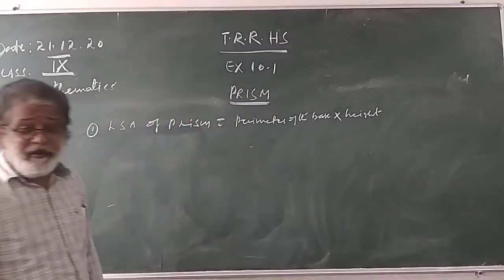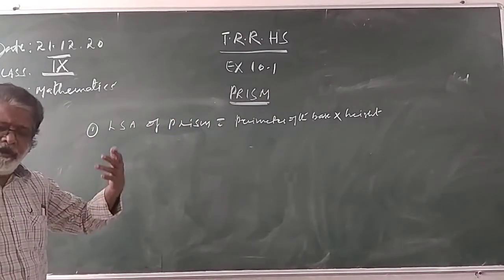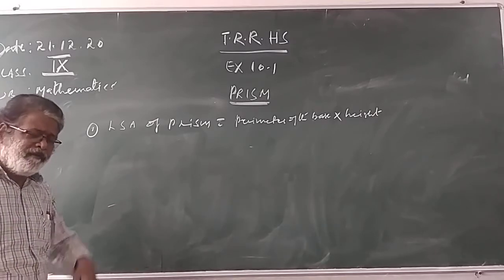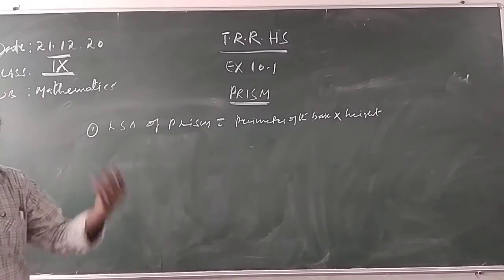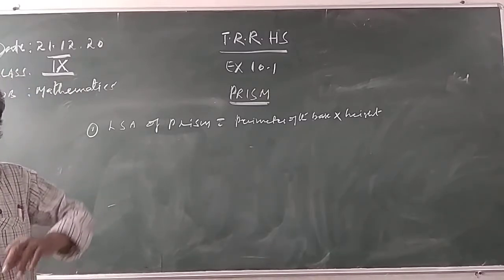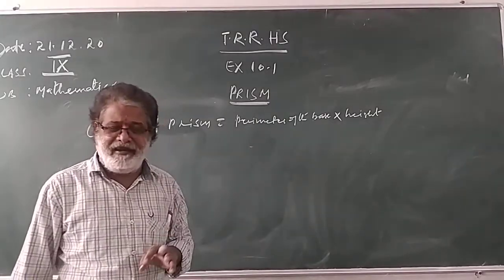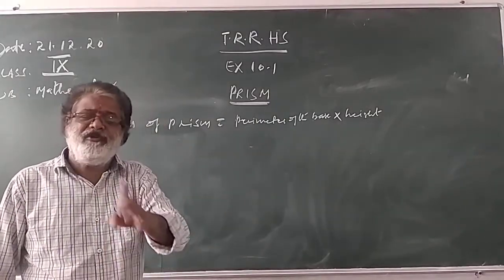What is the perimeter of the base? The prism base may be anything: a square, a rectangle, a triangle, a parallelogram, or a quadrilateral. If the base of the prism is a rectangle, you need to find the perimeter of the rectangle. The perimeter of a rectangle formula is 2 into (L + B).